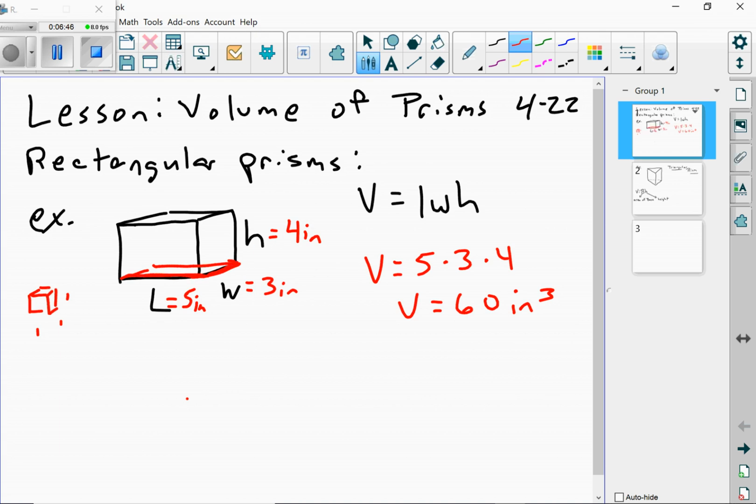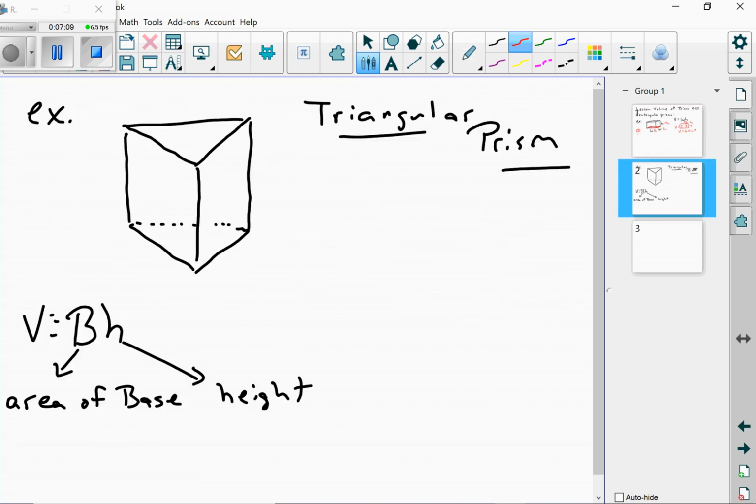Okay, so if you find the area of that rectangle, which is 5 times 3, that would be capital B in my formula. And then times the height would be the 4. So it's the bottom rectangle times the height. It's the formula, length times width times height. I know I'm making this more complicated. You guys just like to do length times width times height, but it really will explain this one a little bit better. Make it easier for you to understand this formula.